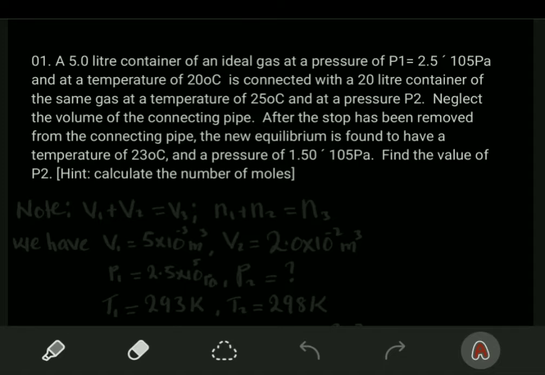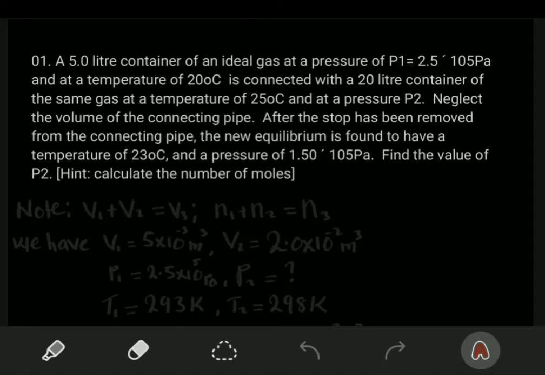So there's one thing that you need to take note of. If we mix these two gases, they are going to form a new volume, which is the addition of the first container and the second container. So the new volume at equilibrium is going to be the sum of the two volumes. Also note that the number of moles is going to add up.